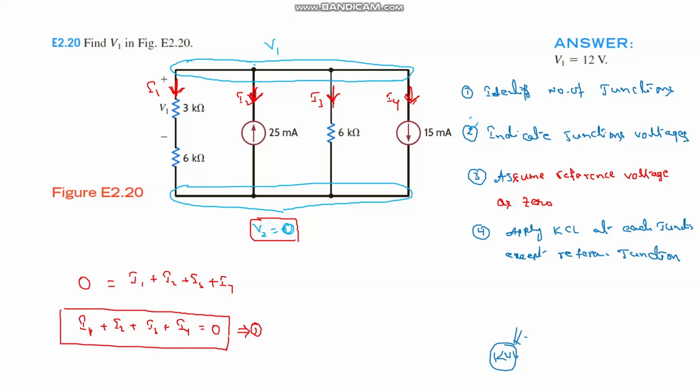Now we have to write equations for I1, I2, I3, I4 in terms of junction voltages. Try to understand how to get equations for I1, I2, I3 and I4. What is I1 here?